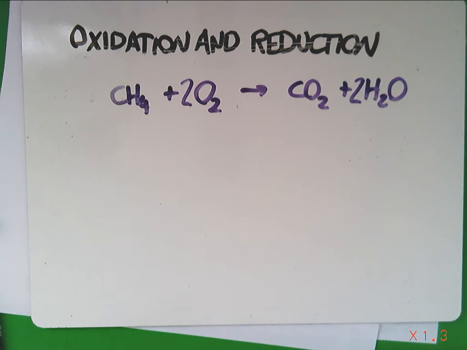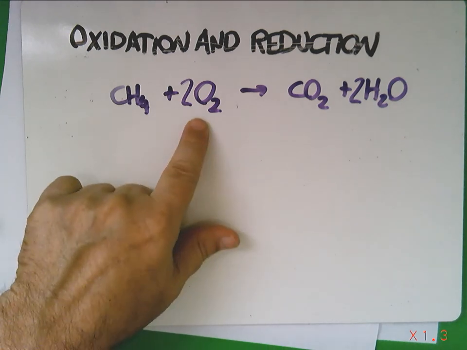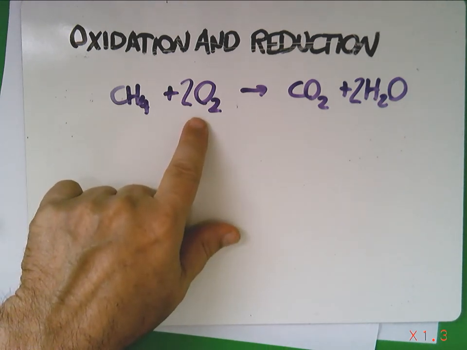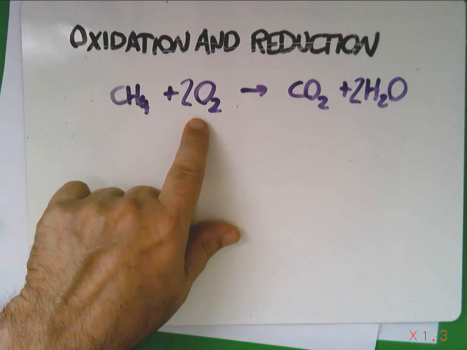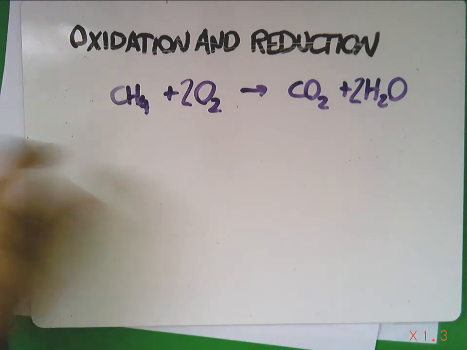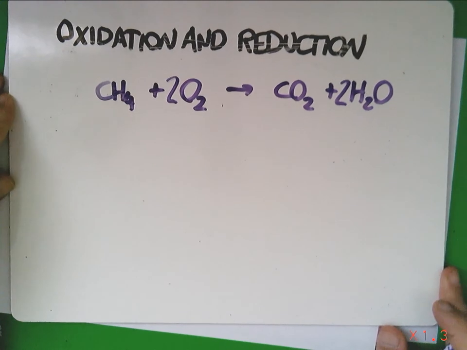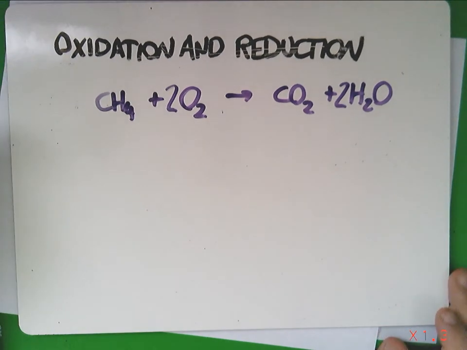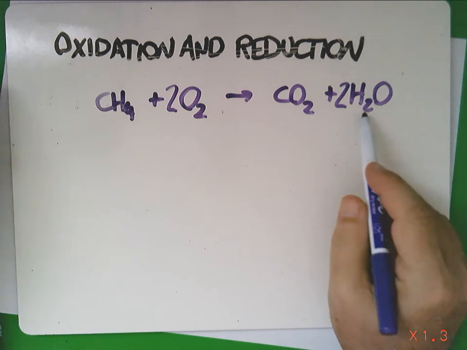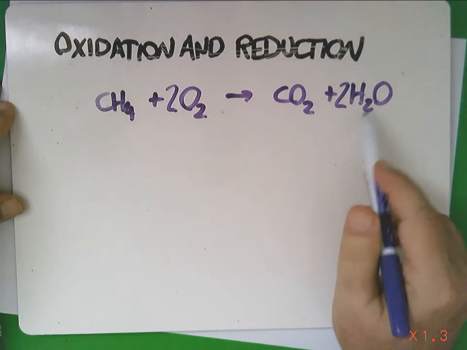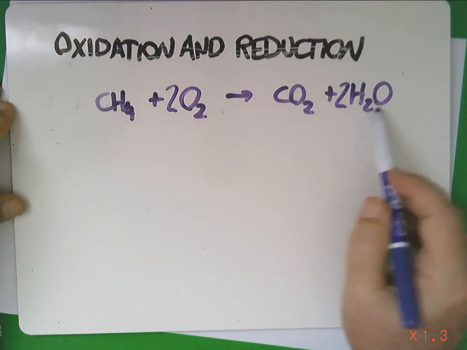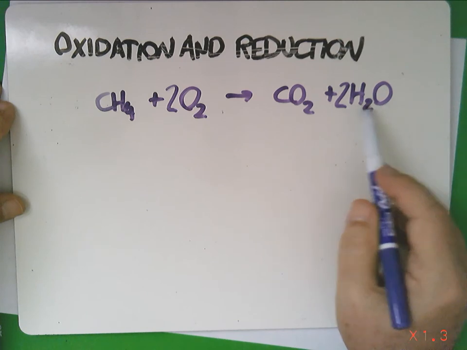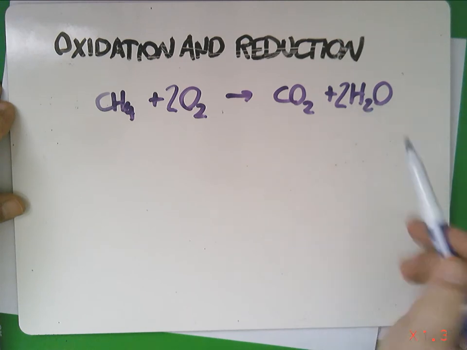But wait a minute. These are not ionic compounds. There are not ions inside of there. None of these things are really ionic compounds. They are all covalent compounds. So I can't assign charges because I don't see any ions in there. You might say, well, look, you can look at this on the periodic table. You can say, well, oxygen is -2 and hydrogen is +1 from the periodic table.